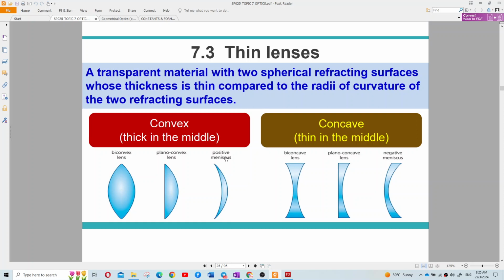And these are concave lenses: biconcave, plano concave, and negative meniscus, or concave meniscus.